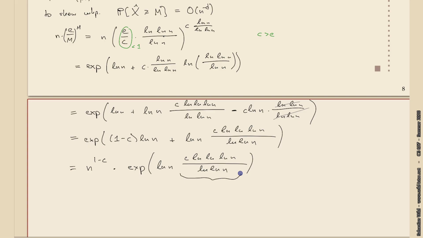This is going to get smaller and smaller. We take triple log and divide by log, so it's a little o of n in the end. And so it's going to be less than 1 for a large enough n.